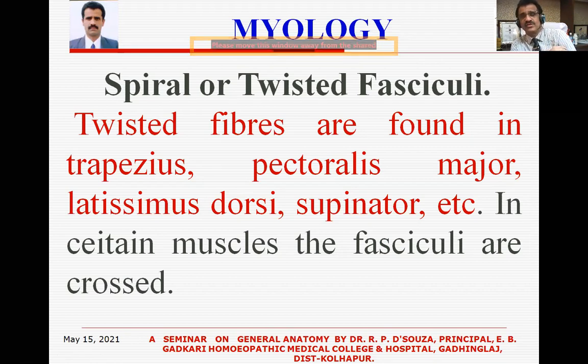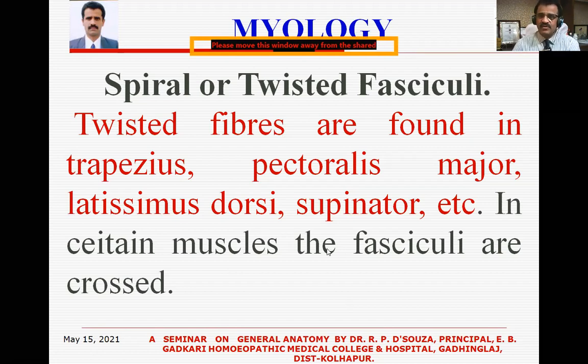Then it goes to the arm, and that is why it is twisted. Latissimus dorsi comes from the pelvic girdle, and while touching the scapula, it goes to the humerus, so it has a twisted shape. The supinator muscle, which is present for the purpose of supination of the forearm, also has a twisted shape.